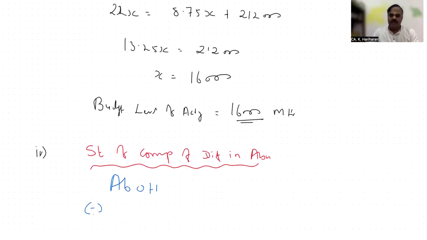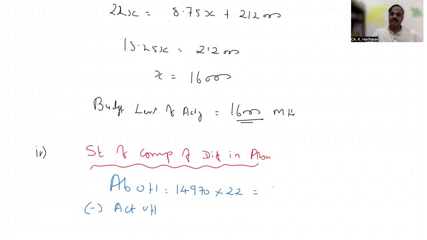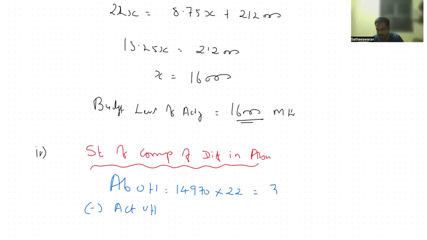How to identify absorbed overhead? Number of hours worked given in this question is 14,970. The recovery rate is 22. Absorbed overhead is 22 per hour into 14,970 hours, equal to 3,29,340.